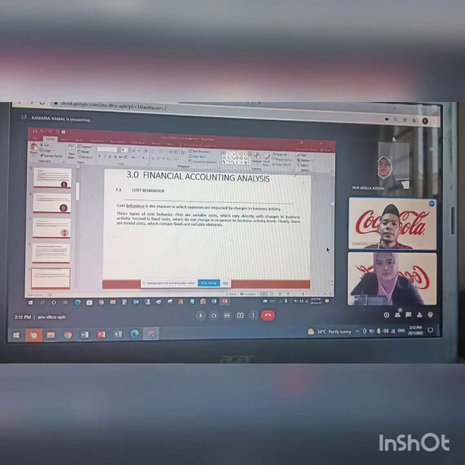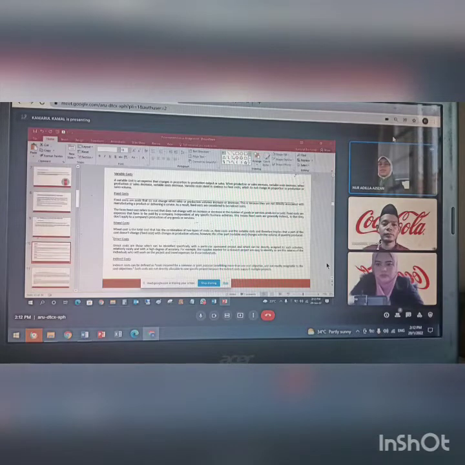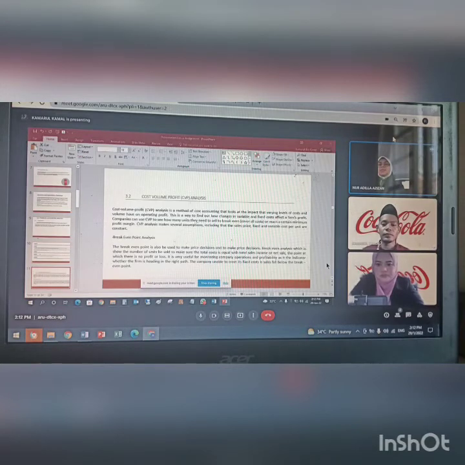Next. Okay, as an operation manager, I made the financial accounting analysis. For the cost, we have set out the cost behavior of the various costs: variable cost, mixed cost, direct cost, indirect cost, and we also did the cost-volume-profit analysis.